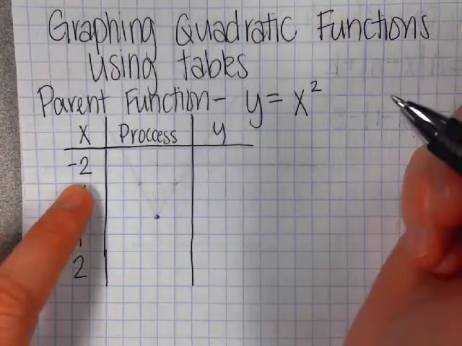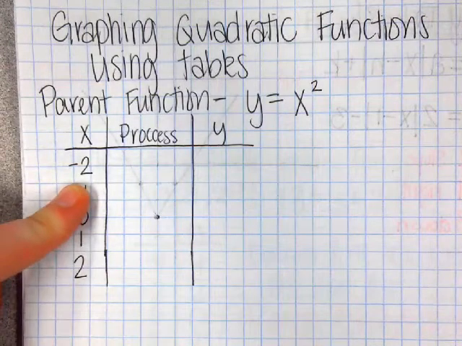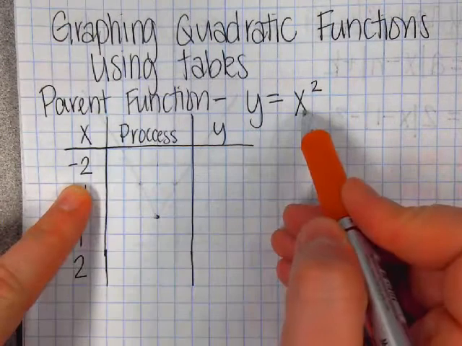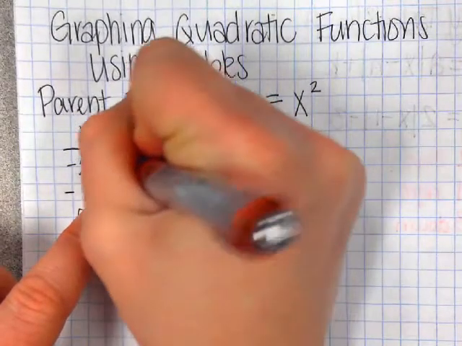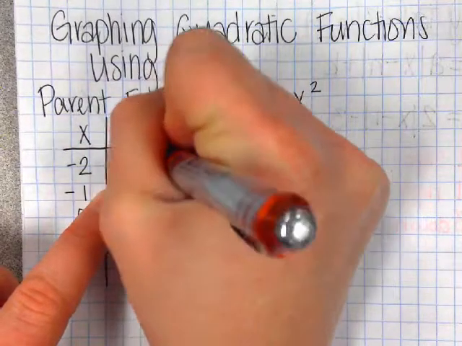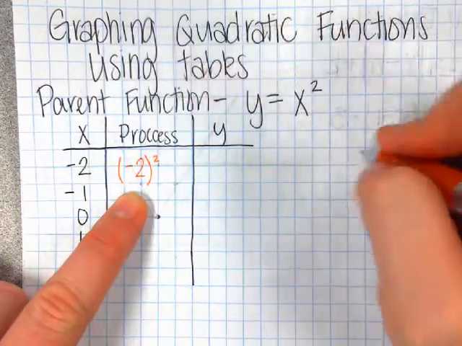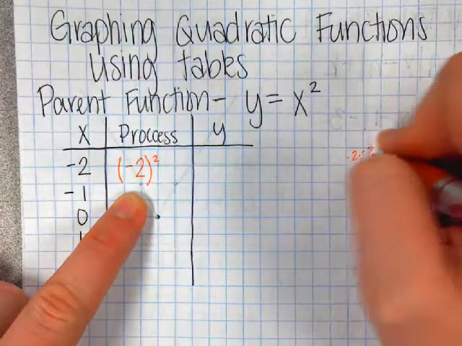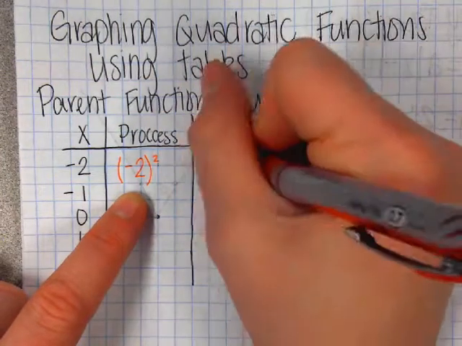So if we do -2 as our first x value, I'm going to need to put -2 in for x. So it would be -2 squared. So -2 times -2. A negative times a negative would be positive. 2 times 2 is 4.